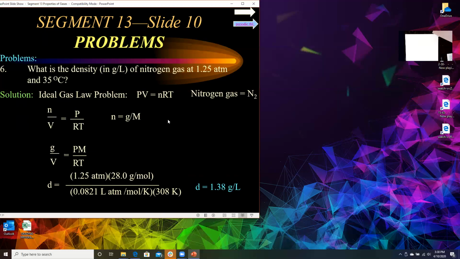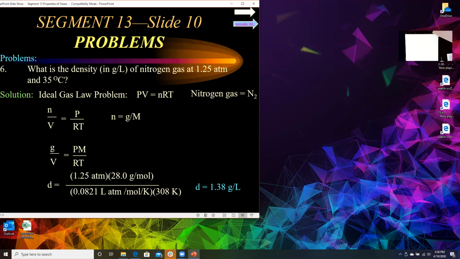Now, this is sort of typical of gaseous masses. Anything that's a gas is going to have a density roughly in a range like this. It's going to be from 1 to maybe 15 or so grams per liter at the very maximum. So if you come up with numbers like 135 grams per liter, it's probably wrong.